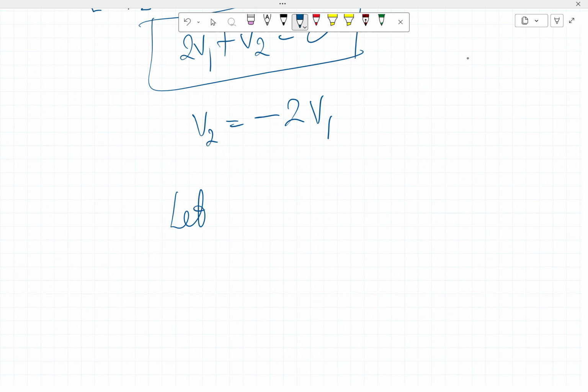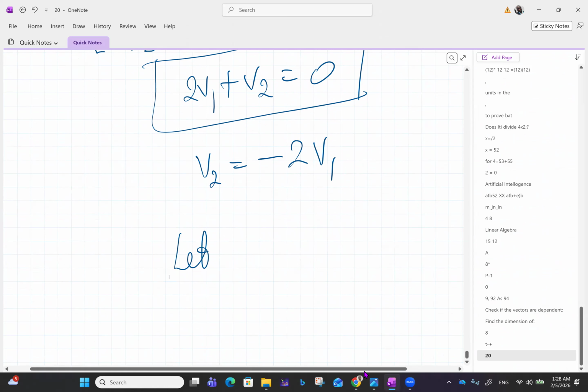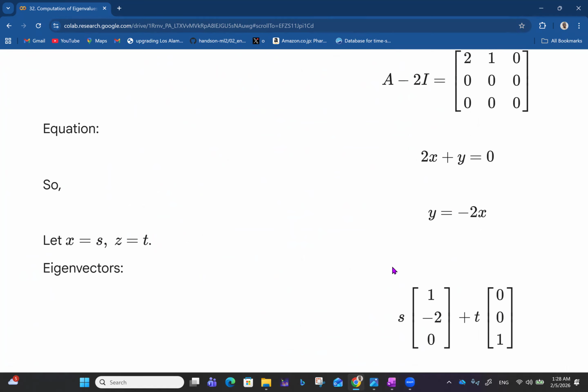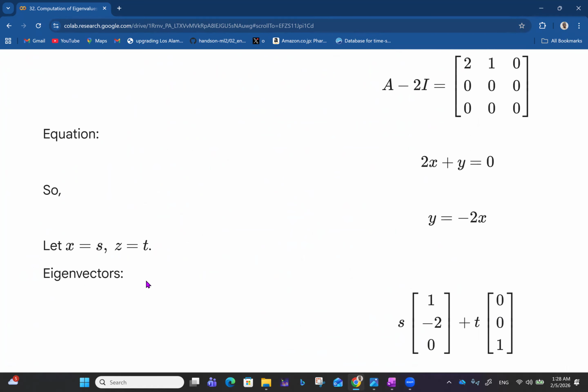I want to borrow a leaf from what we did here so that it won't be too far from it. You can see there's no z here, right? So we say z is t and x is s.